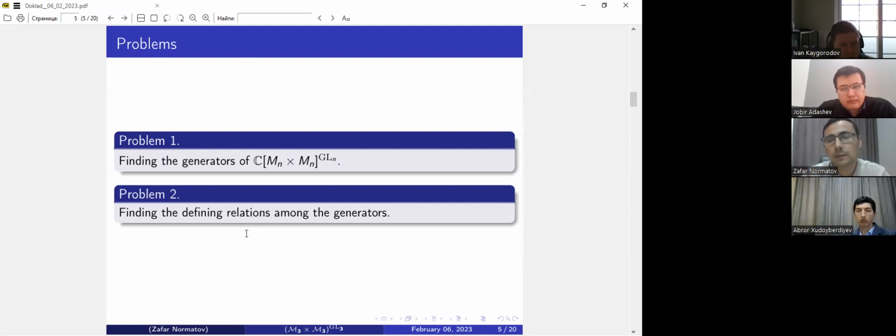Later we will see. And if you have the minimal set of generators, for example, we have some such kind of polynomial in terms of generators, but this polynomial is not linear.